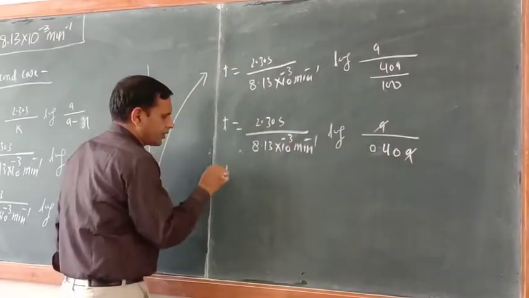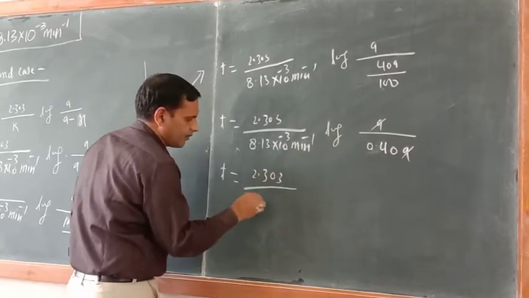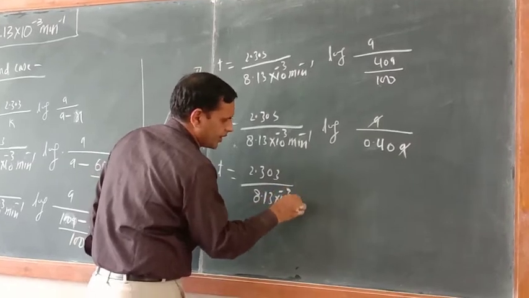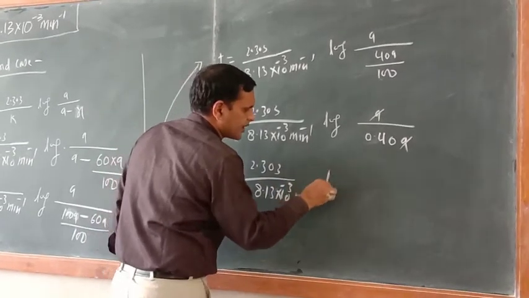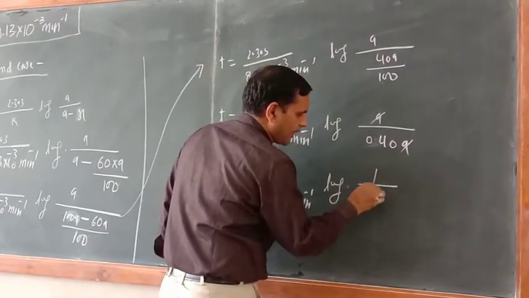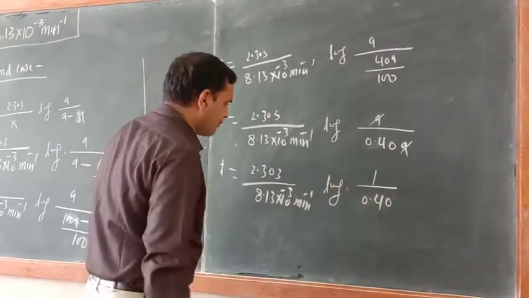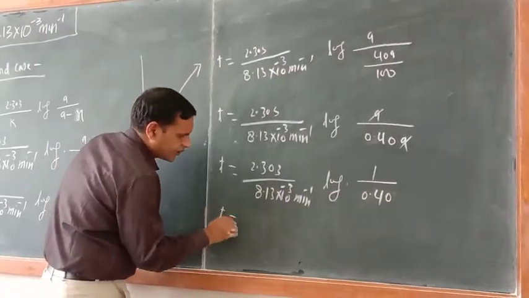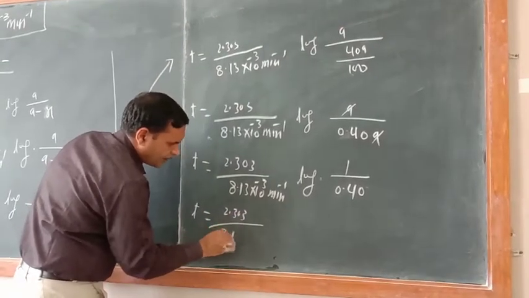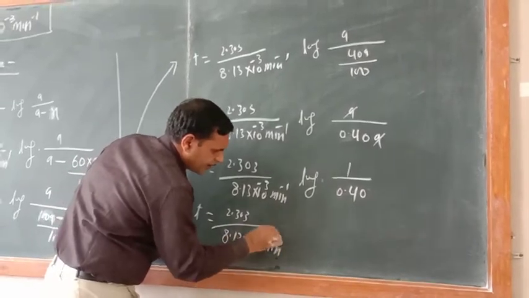So now t equal to 2.303 divided by 8.13 into 10 raised to the power minus 3 minute inverse. Here log 1 by 0.40. So we can write here t equal to 2.303 divided by 8.13 into 10 raised to the power minus 3 minute inverse.